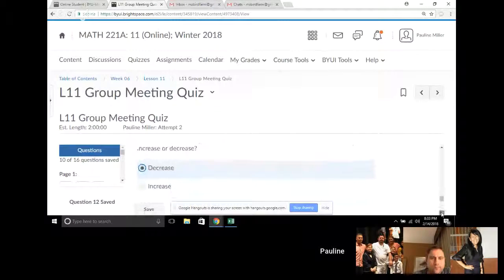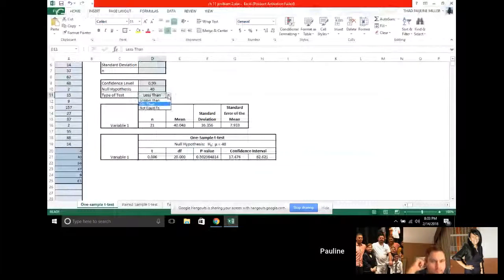Right here we were on not equal to. Watch the p-value when I push not equal: it goes up to 0.995. When I change it back to less than, which is what they told us to change it to, it goes to 0.502, so we know that the p-value is getting smaller, so it's decreasing. That's right.